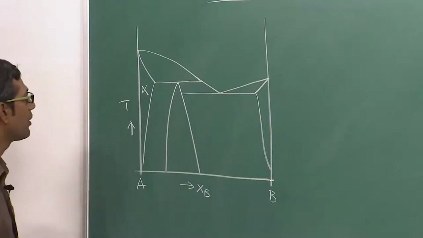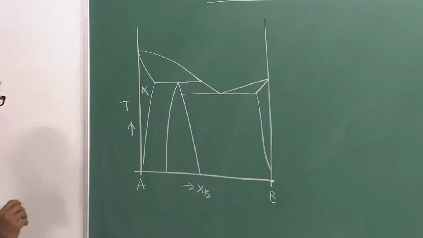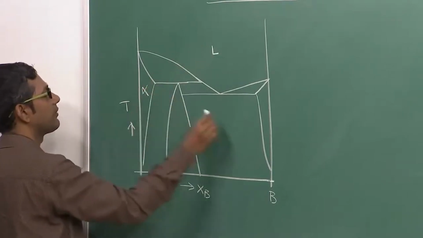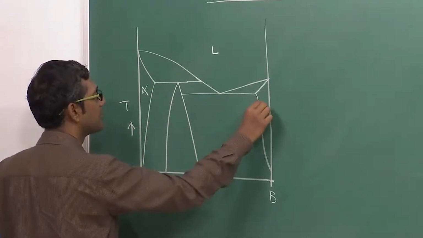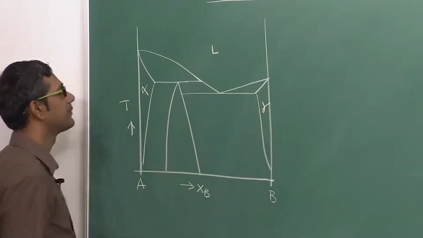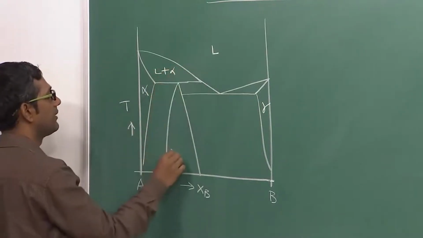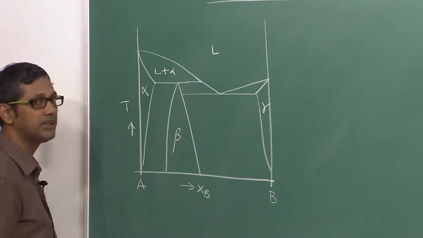Okay, so that is how it looks like, a little complex but not much complex. So liquid, this is the alpha phase, this is the gamma phase, liquid plus alpha obviously because we are connecting that, and this is the peritectic phase beta.